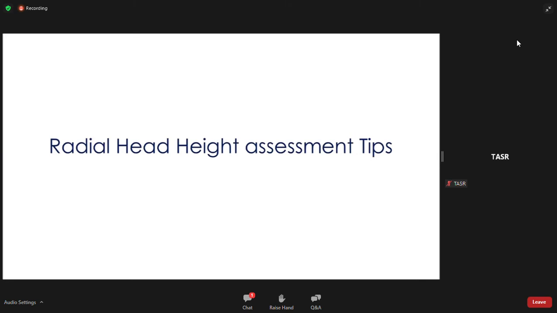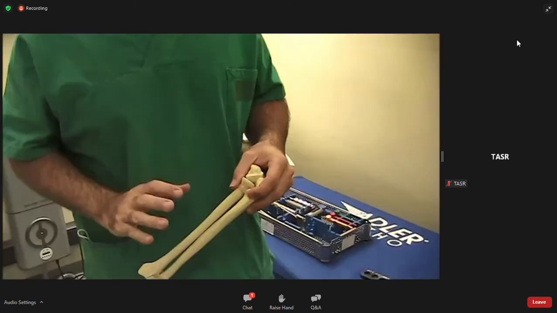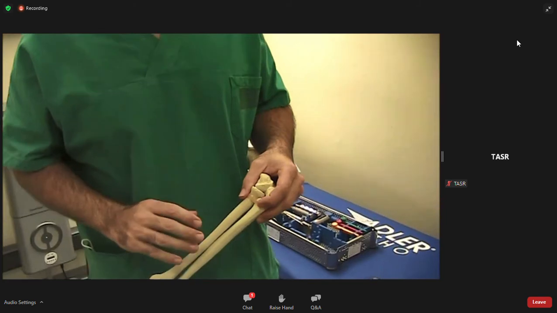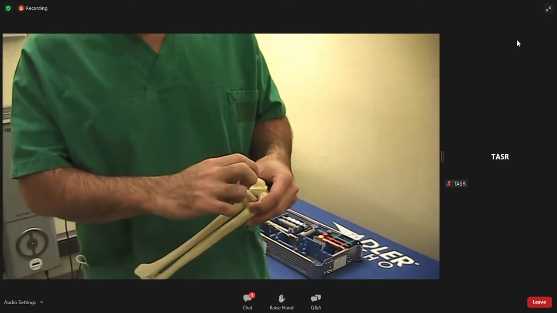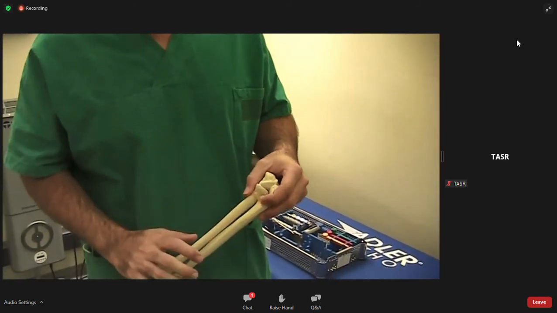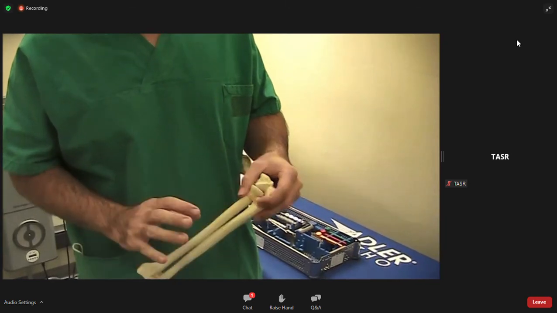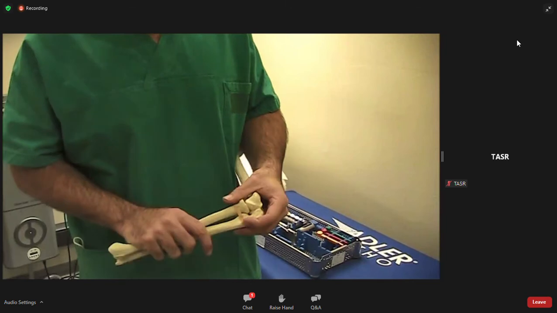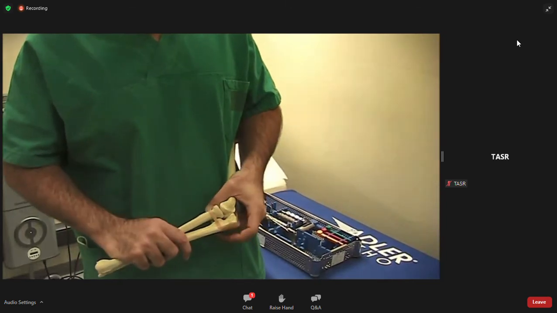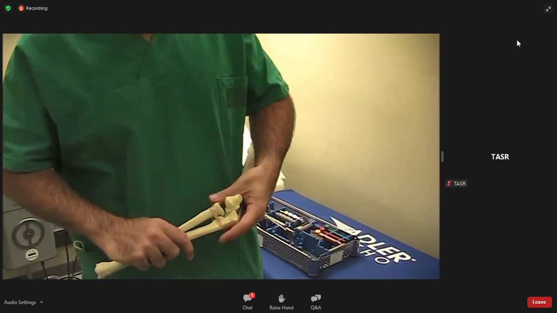Let's talk for a second about another concept, how to size the height of the prosthesis. 2 or 3 concepts. First of all, never measure with the joint very open, eventually with the lateral collateral ligament that is completely avulsed, torn.